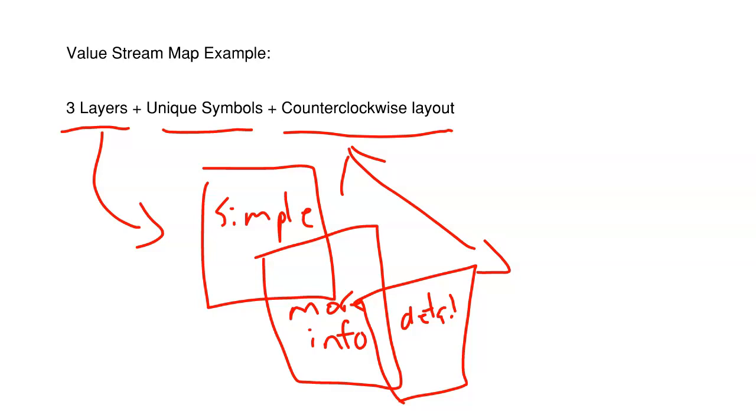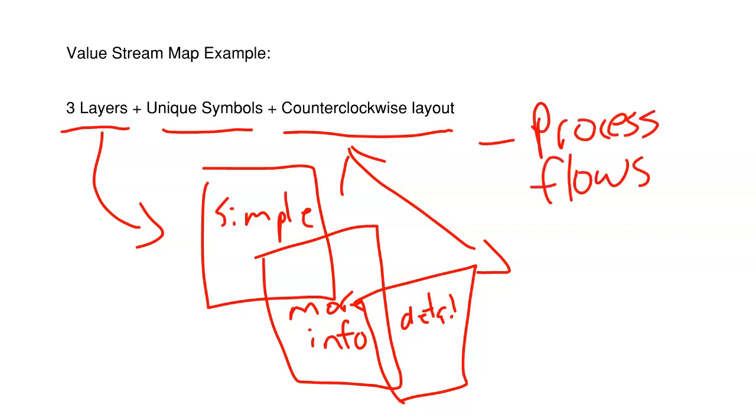At the first layer, it's the process flows. These are the set of steps and activities that are needed to fulfill a customer request. It's in essence your high-level process map.